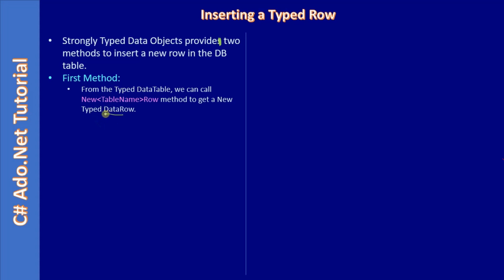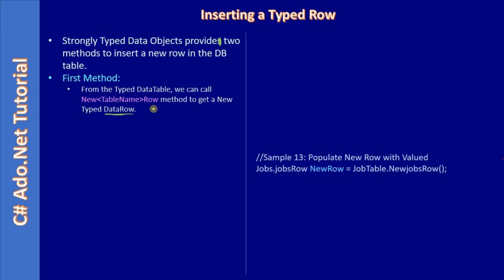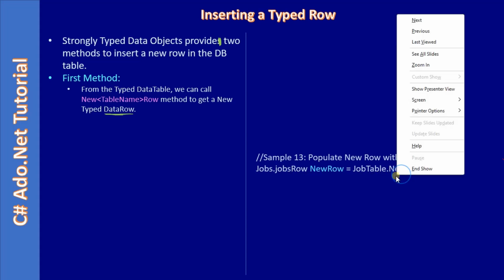So here, if you see in the first method, we are making call to new job row, and we will be having a data row that doesn't contain any populated field. So you can see jobs row, new row, job table dot new jobs row.